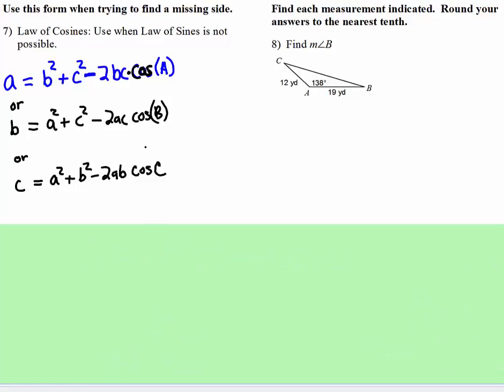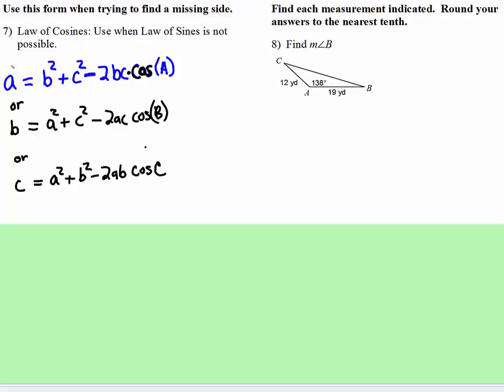Find each measurement indicated, rounding your answers to the nearest tenth. So find the measure of angle B. We're given a side, an angle, and the other side. One way to do this is to find side A first.